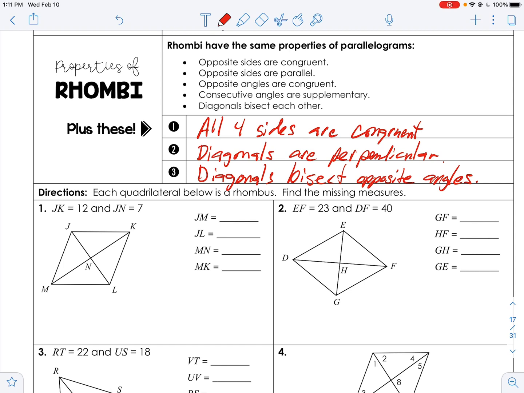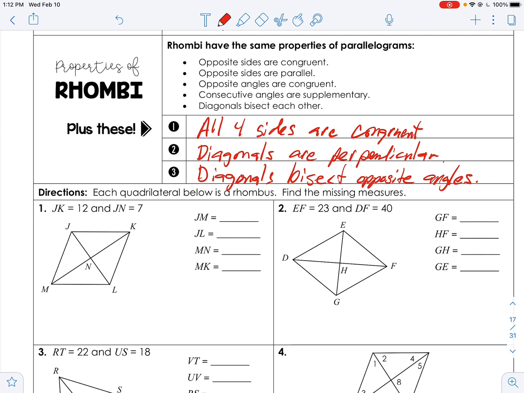Diagonals bisect opposite angles. So not only do the diagonals bisect each other in length, they cut the angle that they run into in half. So that is very important. We know that either side is going to be equal, where on the rectangle, either side wasn't necessarily equal.